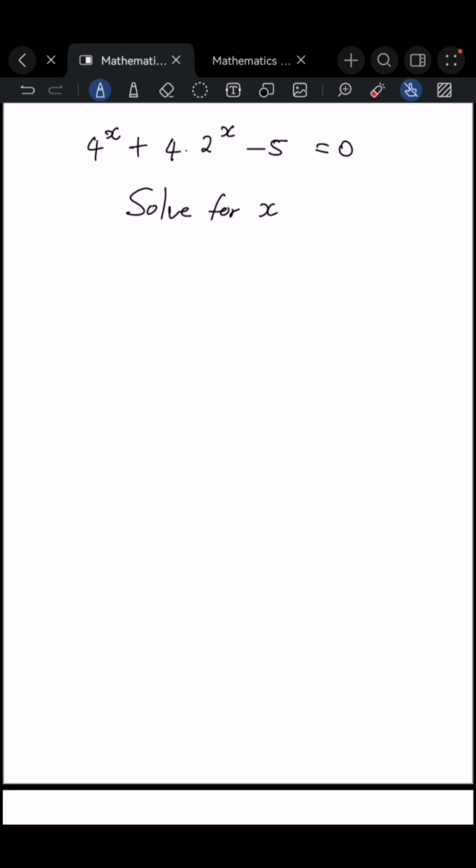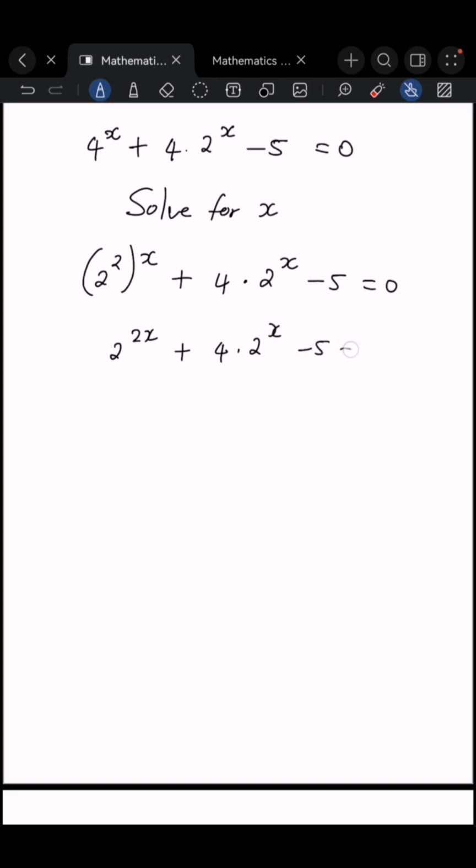We start by saying 2 raised to the power of 2x, plus 4 times 2 to the power of x, minus 5 is equal to 0, where 2 to the 2x, because the 2 times the x are going to multiply each other, is going to become 2x, plus 4 times 2x minus 5 is equal to 0.